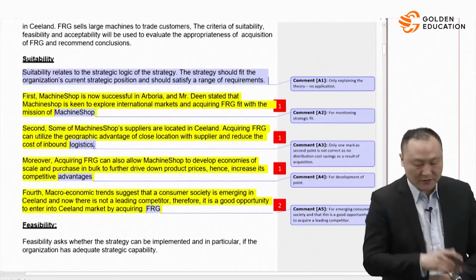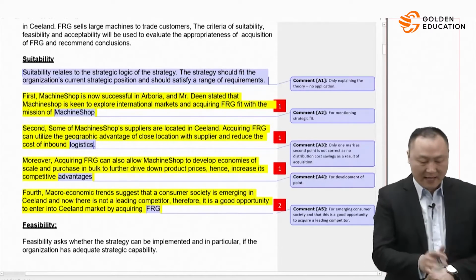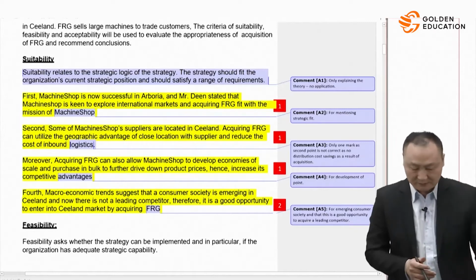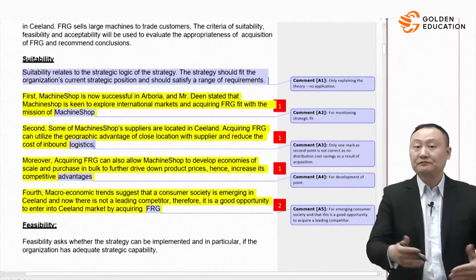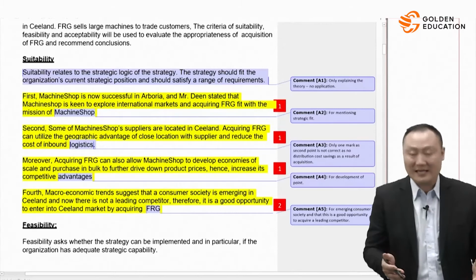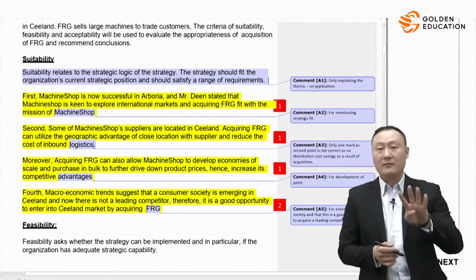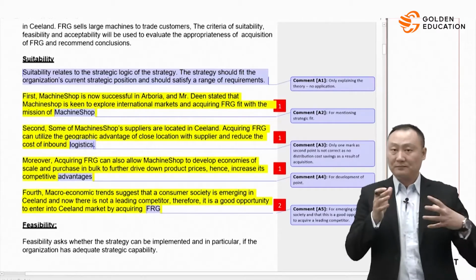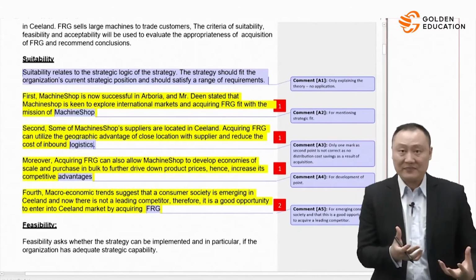First, Machine Shop is now successful in blah, blah, blah. And second, some of the Machine Shop suppliers are located in Sudan, blah, blah. After that, nothing. So the suitability only gave him 4 marks. Ladies and gentlemen, suitability is only the heading.